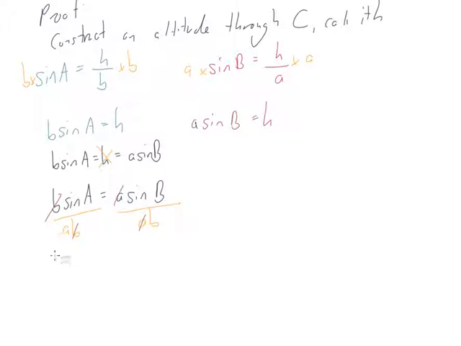So I get sine A on A equals sine B on B, which is my sine rule proved. I know it's only two parts, but I can go through again, rearrange some letters, and get sine C hanging out as well. If you want a challenge, maybe have a go at doing that yourself.